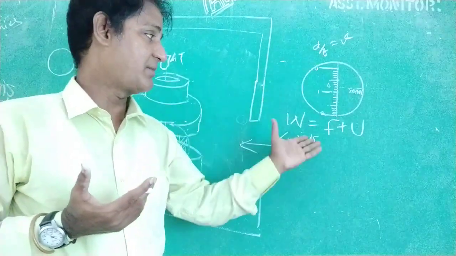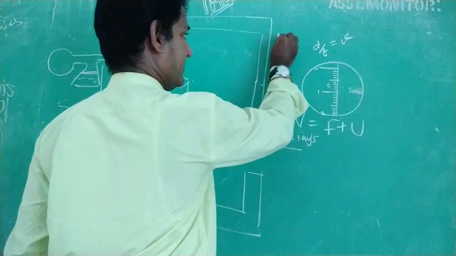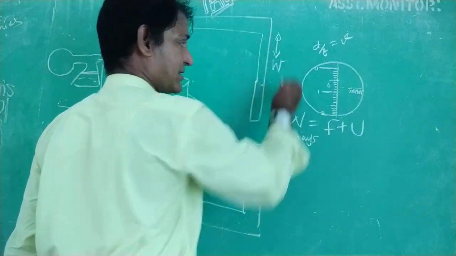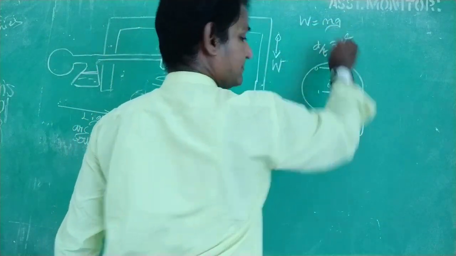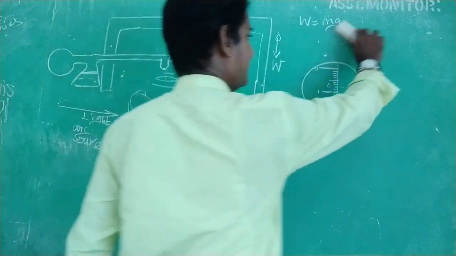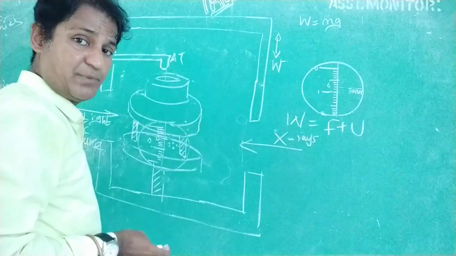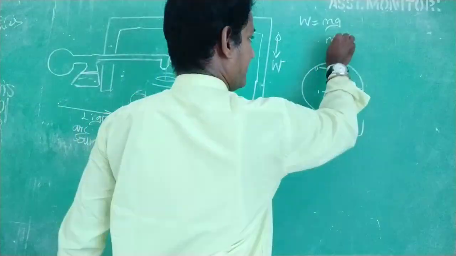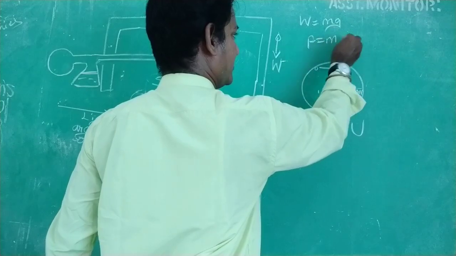So whenever the charged oil droplet is moving down, the weight of the charged oil droplet is W equal to mg, and what is m? The mass of the charged oil droplet. So density of the oil drop is equal to mass by volume. The density of the oil drop is rho.